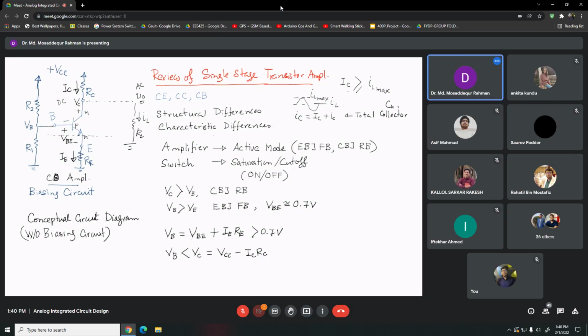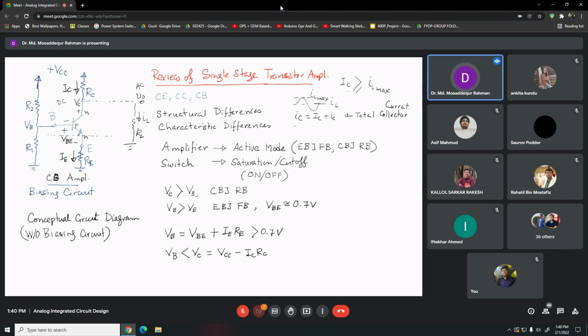Sir, I did not understand the equation. Yeah, this is i with the capital C, and this is i with the small c. Okay, sir. DC collector current plus AC collector current together is the total collector current.